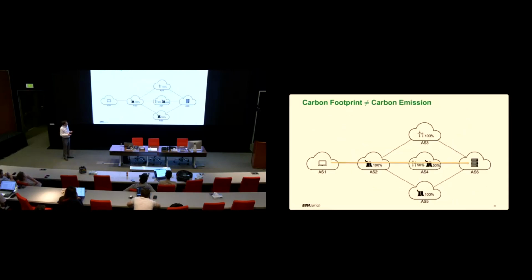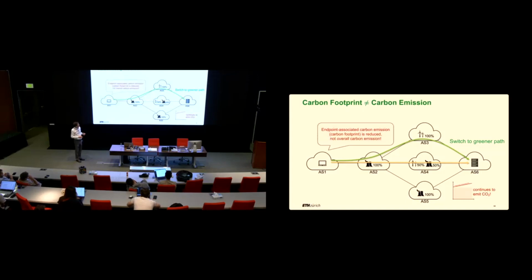So we then looked at the virtuous feedback though. There's a continuation of emitting CO2, but the good news is that this is a signal to ISPs who are producing a lot of CO2.